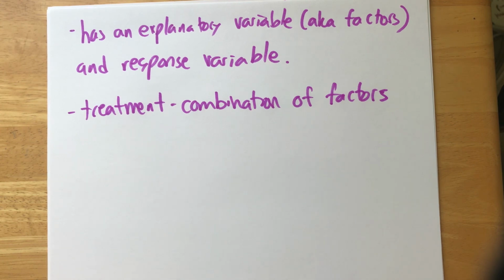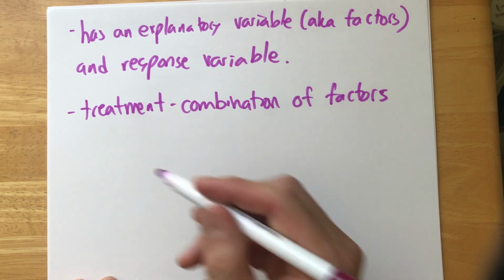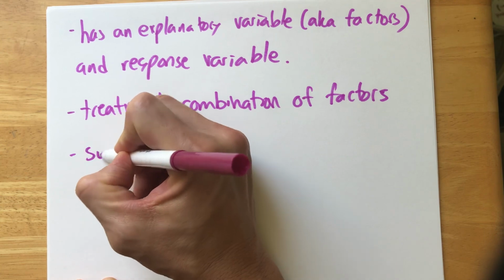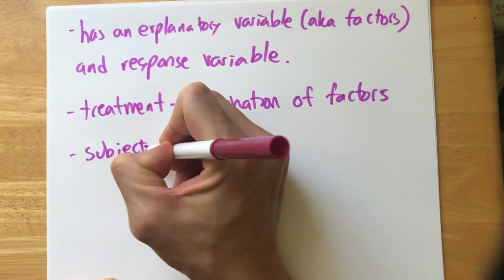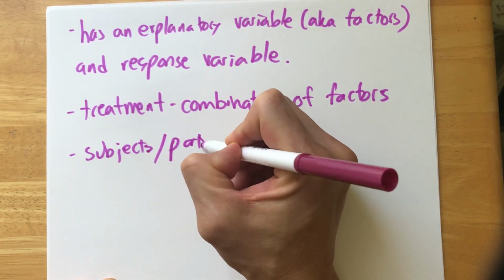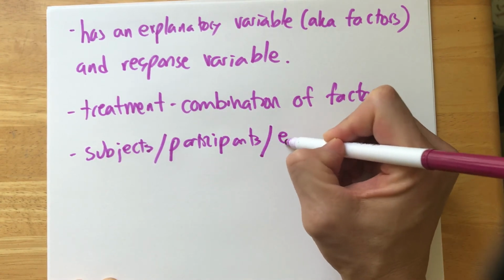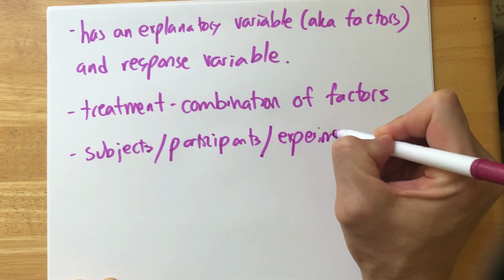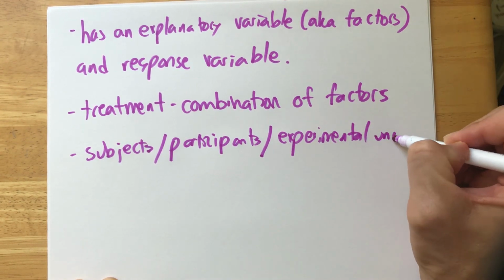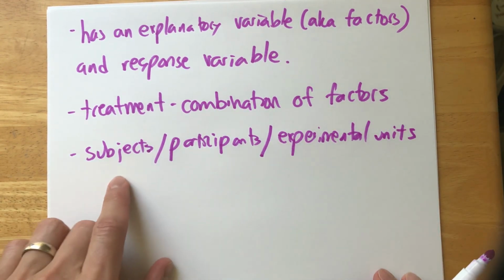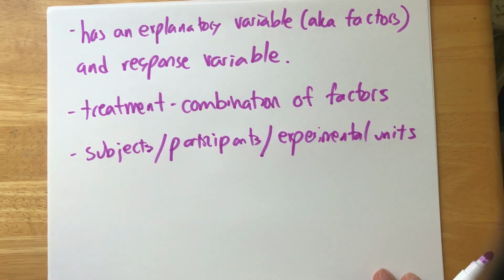Another term that you'll need to know is subjects, participants, or experimental units. Okay, these terms all mean the same thing, sort of.